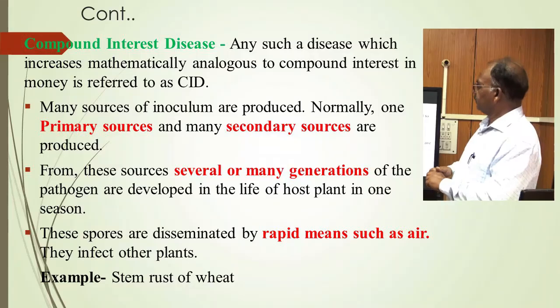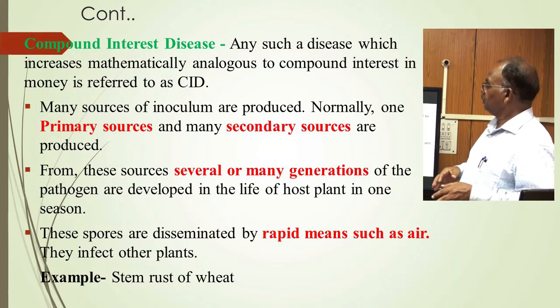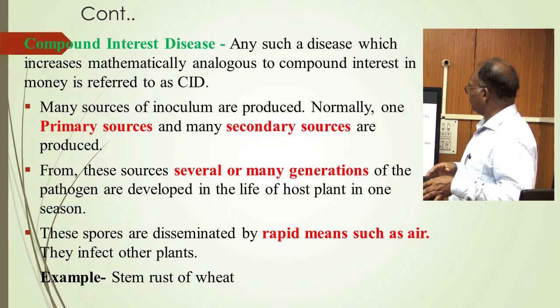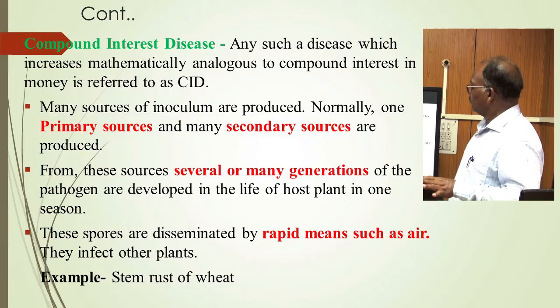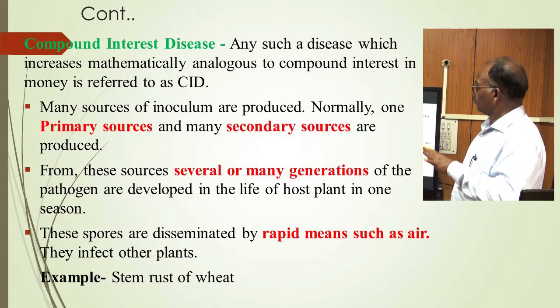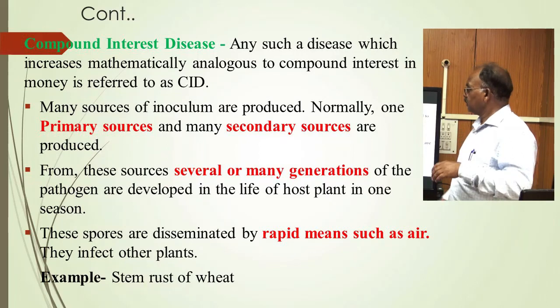Compound interest disease is any disease which increases mathematically analogous to compound interest in money. Many sources of inoculum are produced, normally one primary source and many secondary sources.